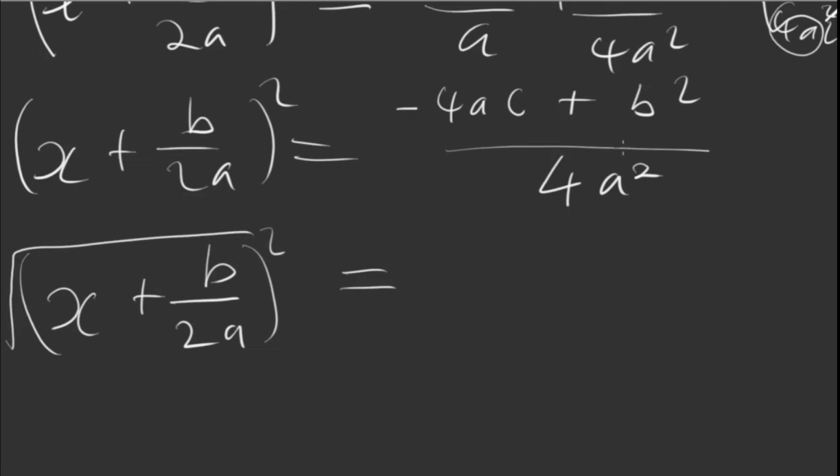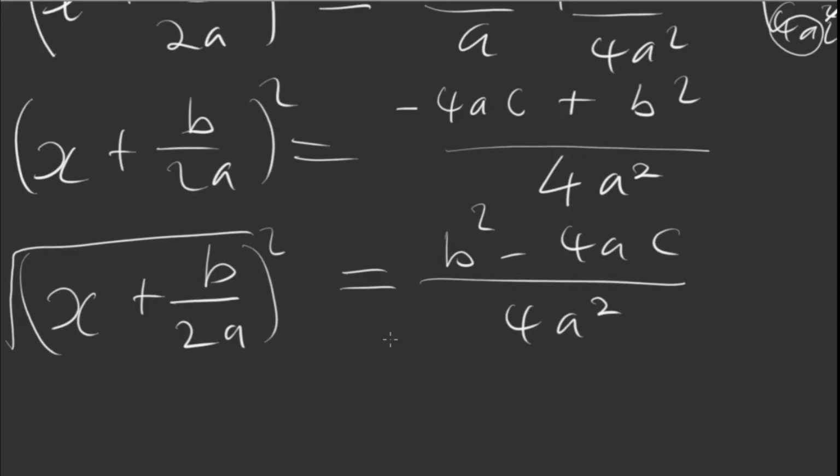So let's just rearrange it now so that it doesn't give us problems. This is just rearranging, it's just the same thing. And then introduce the square root, because like we said, what you do to the left, you do the same thing to the right.